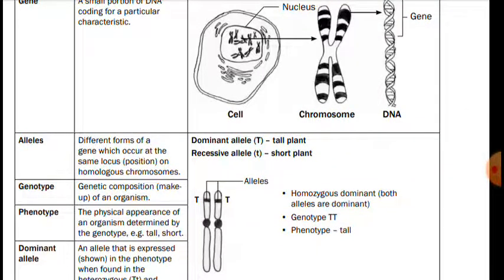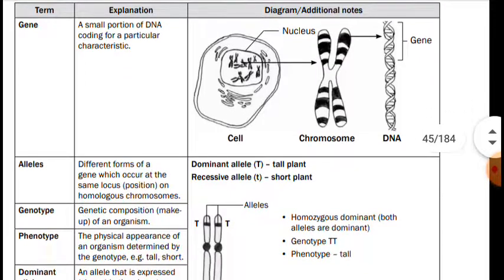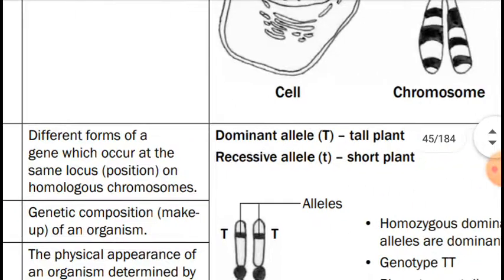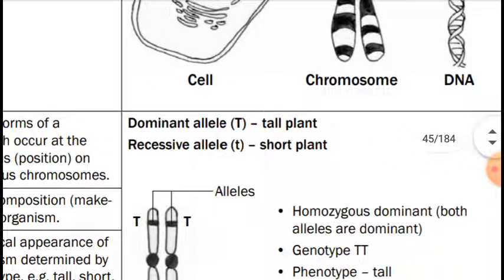We also look at the allele. Alleles are different forms of a gene which occur at the same locus. There are two different alleles: the one that is dominant and the other one that is recessive.